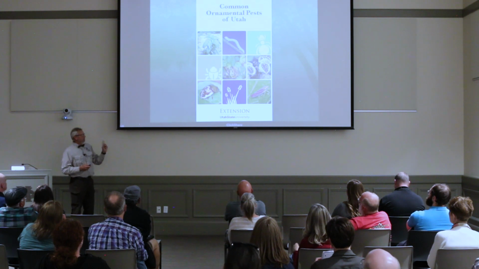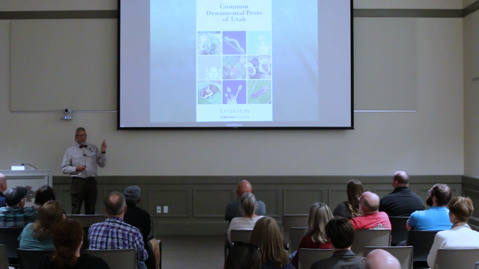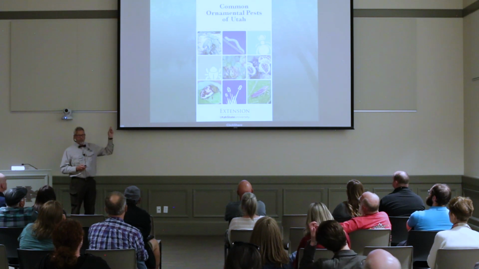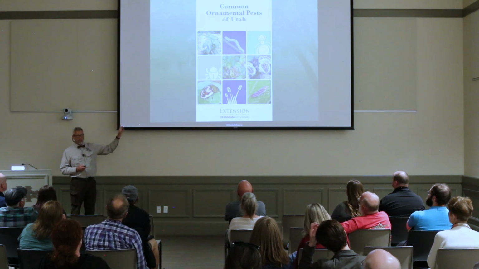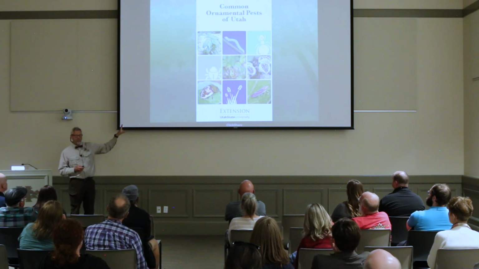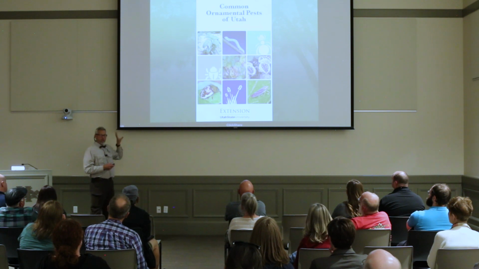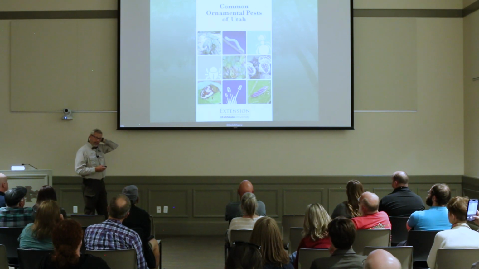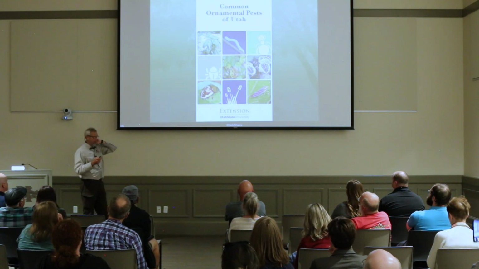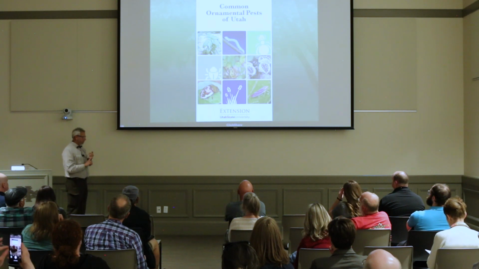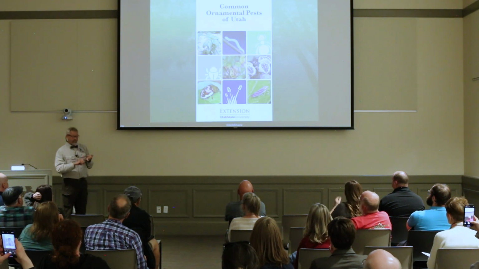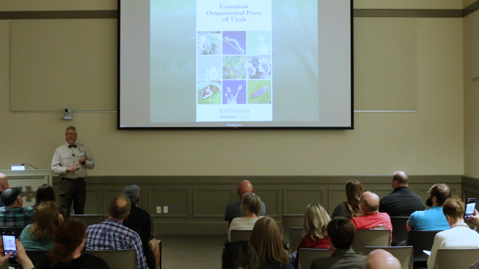This is a really good pamphlet, and this is available online. I snipped slides from this pamphlet right here. You can see this for free if you're ever concerned about landscape tree health or landscape plant health. Most of its content deals with insects. Its second largest content is diseases.